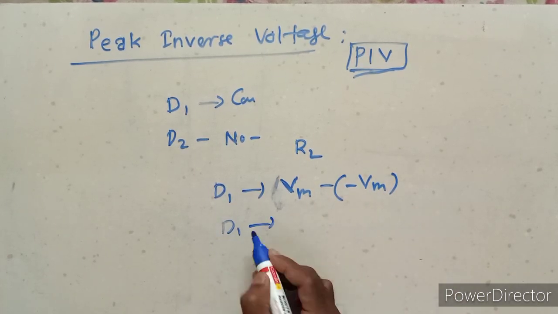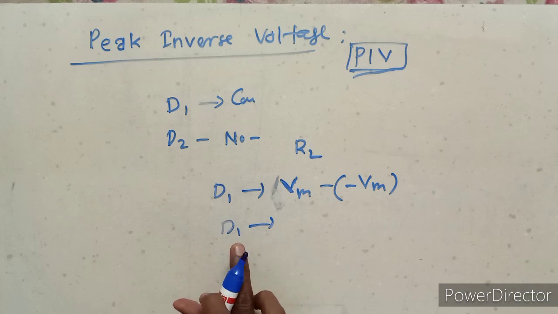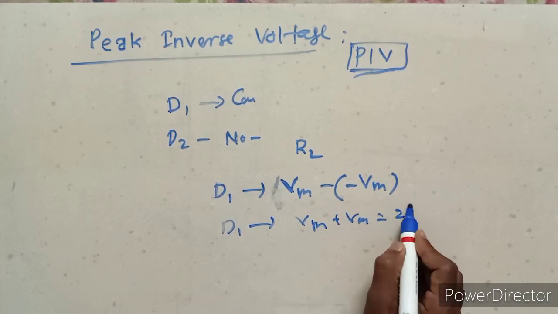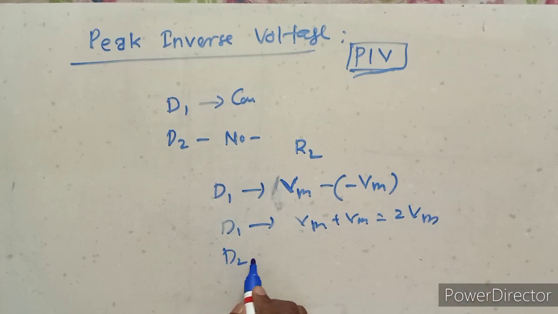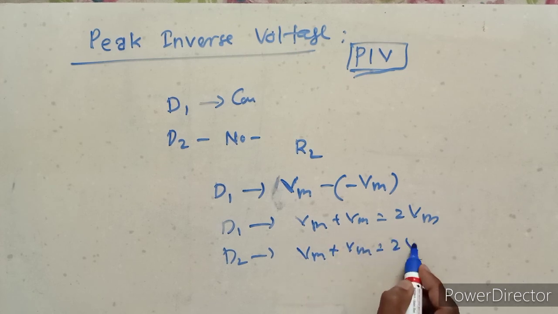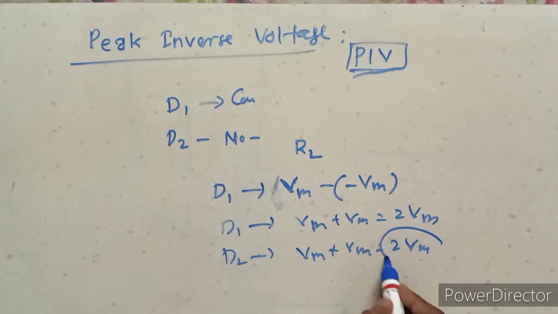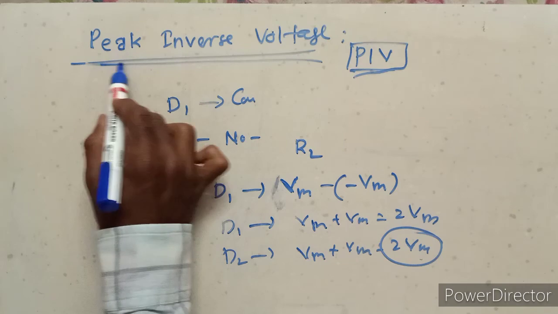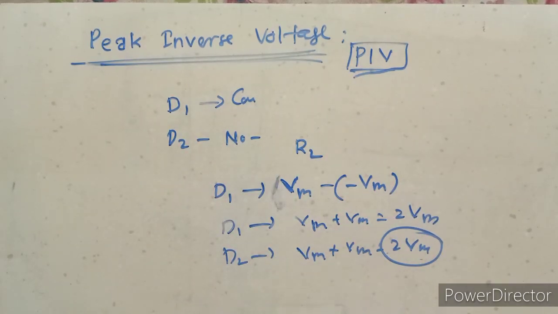So across the D1 diode it is Vm plus Vm equals 2 Vm. Similarly, across the D2 diode it is Vm plus Vm equals 2 Vm. So this is the maximum possible voltage, and it is called the peak inverse voltage.